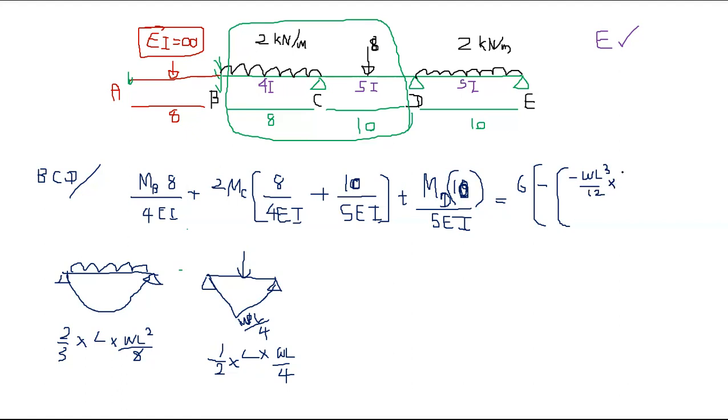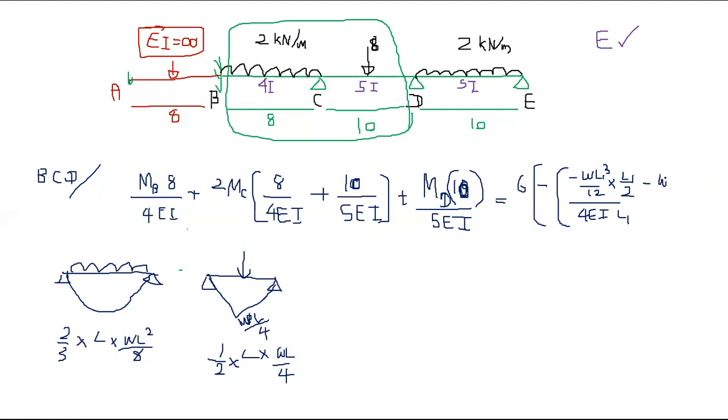The distance to centroid is L by 2. Sagging, that's why it's negative. Divided by EI is 4EI. L you can substitute later for the second. So this is L1, I would say, okay, because L are different, okay. L1. So then the other term, so that's going to be the point load.